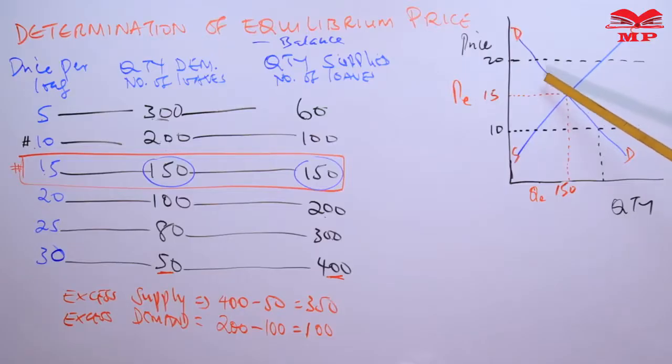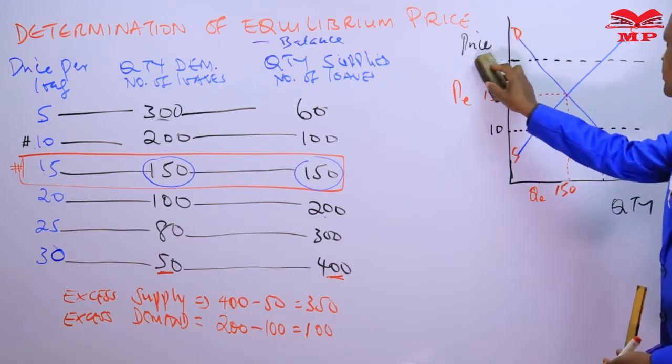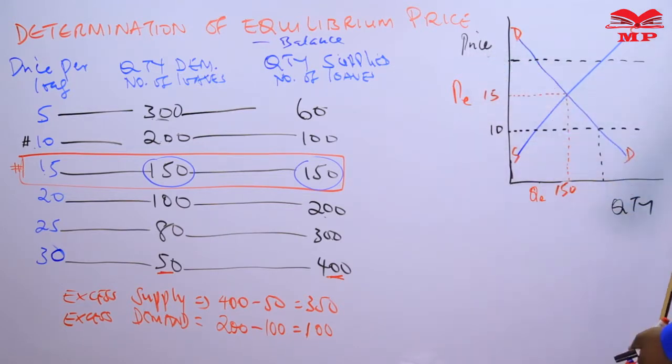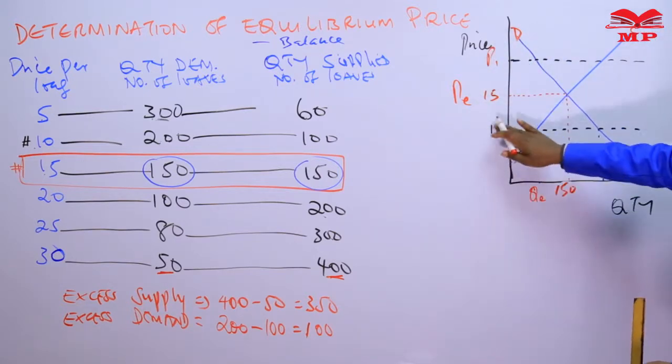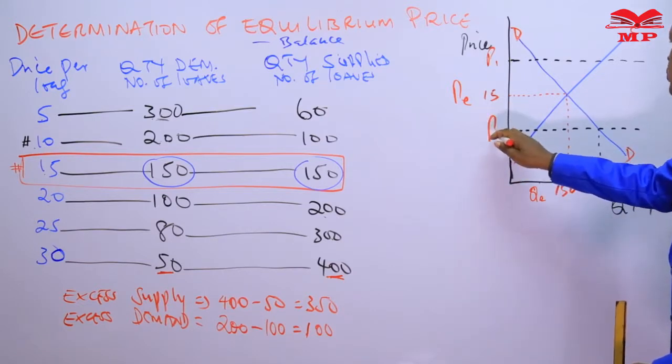on this diagram, you can see that if price is set at, say, P1, because this is the equilibrium price, and this is, say, P2.